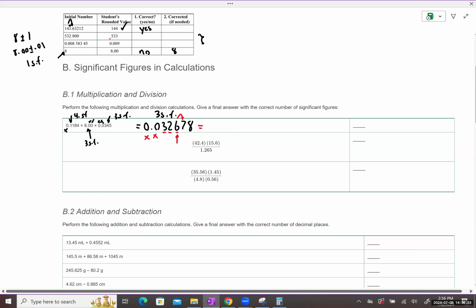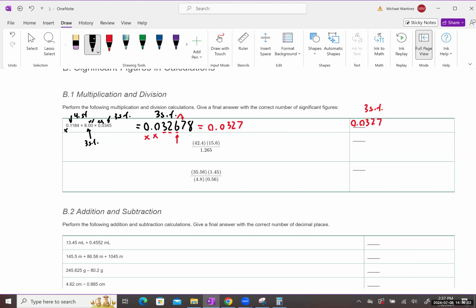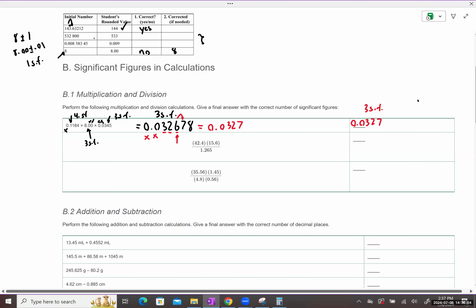And because 7 is greater than or equal to 5, we round up to 0.0327. So we'd write this as 0.0327. This number has 3 significant figures and is computationally correct. You'll complete the remainder of these examples in B1 independently.